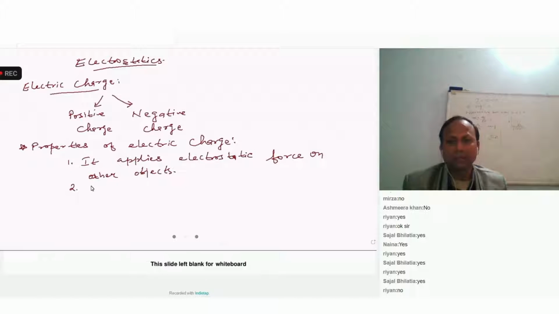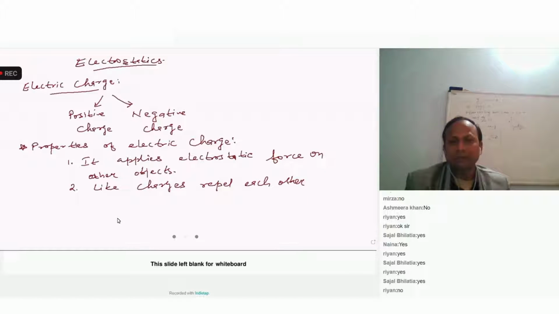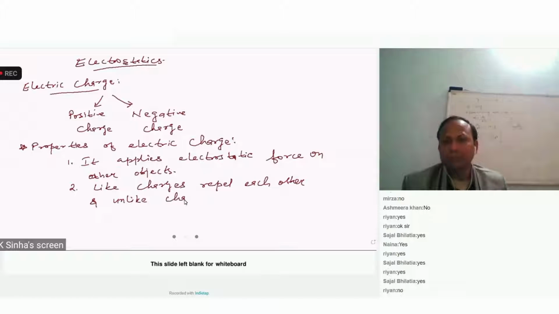So we can say that like charges repel each other, and unlike charges attract each other.